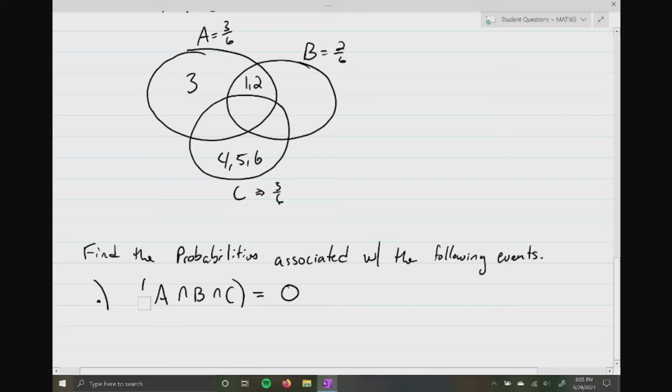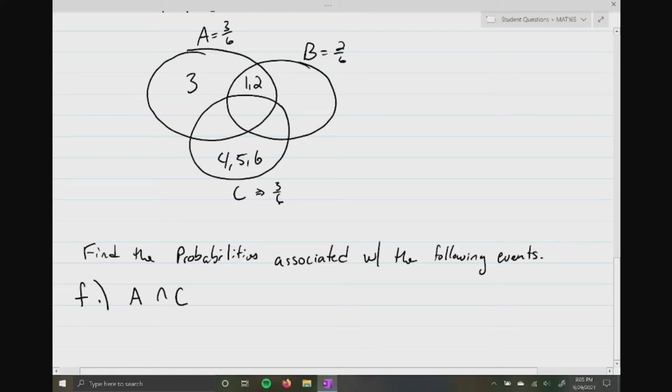Okay? Now let's go ahead and do E. So I'm going to erase. What is E again? E is A intersection with B, and we're asked to find the probability of that. So the probability of that is going to be 2/6, which equals 1/3. Now we're going to do letter F. Letter F is A intersection B. Oh, I'm sorry, A intersection C. Sorry about that.